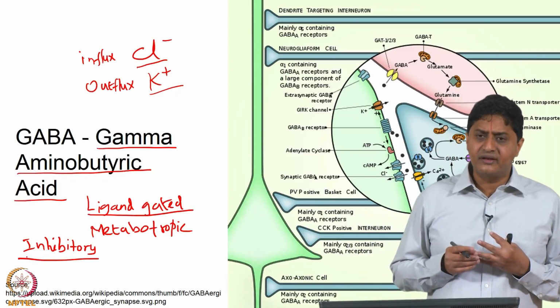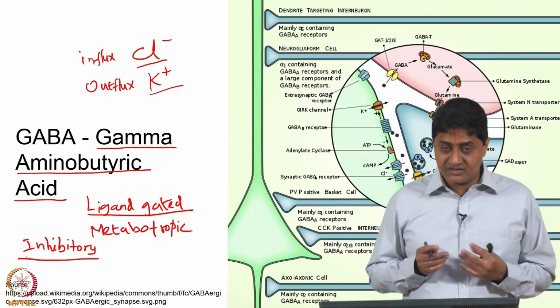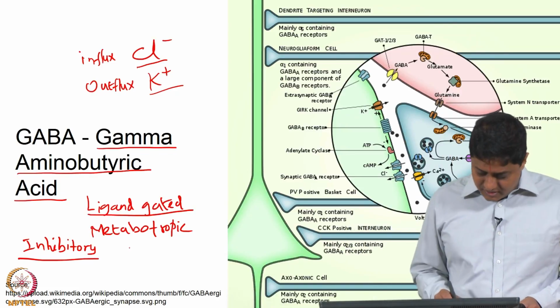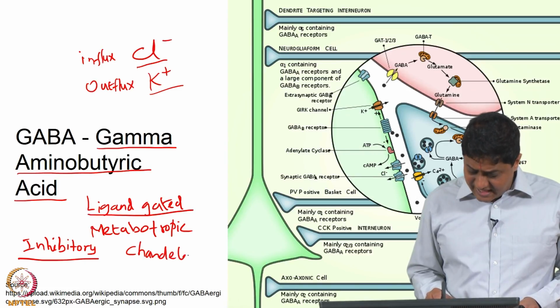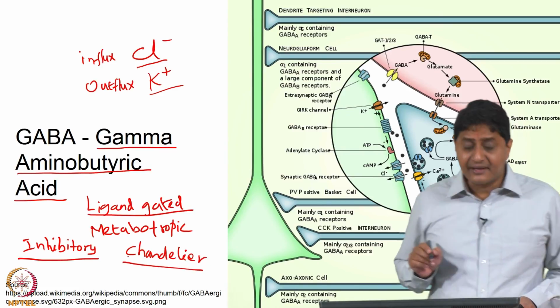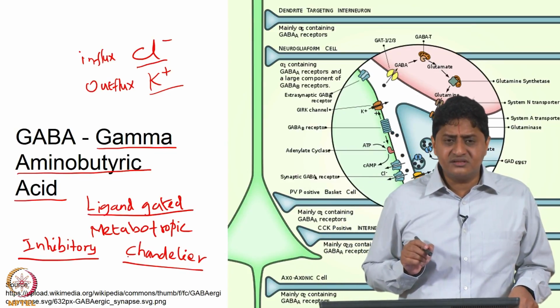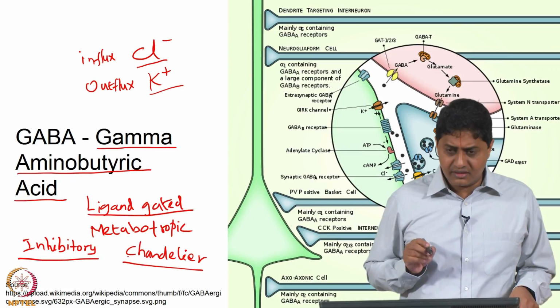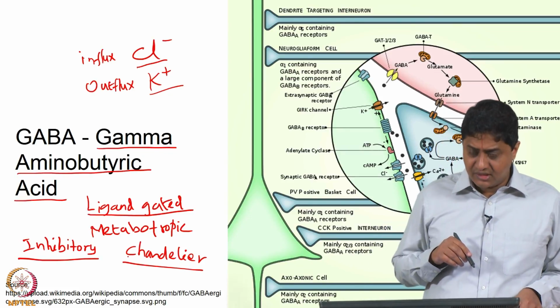How is this possible? Also in mammals, for example, there are specific cells, I think called Chandelier cells, check the spelling, in which this chemical serves as an excitatory neurotransmitter.